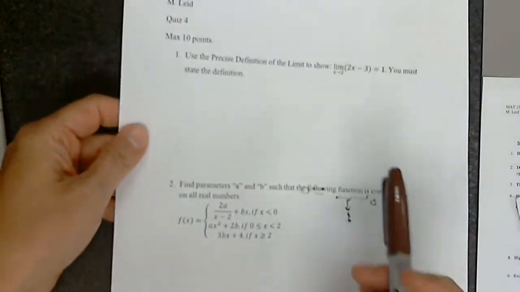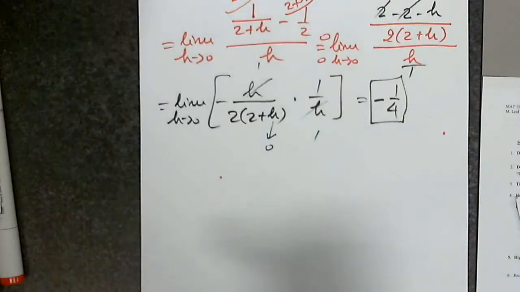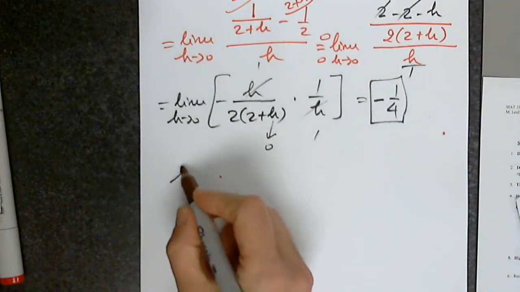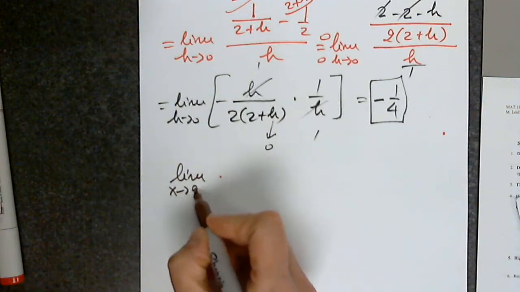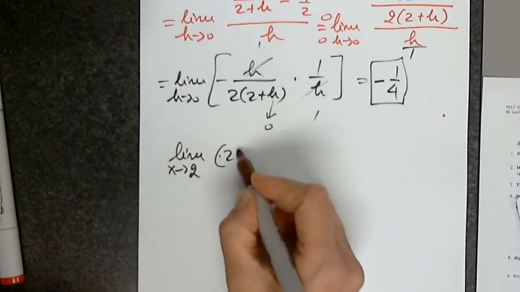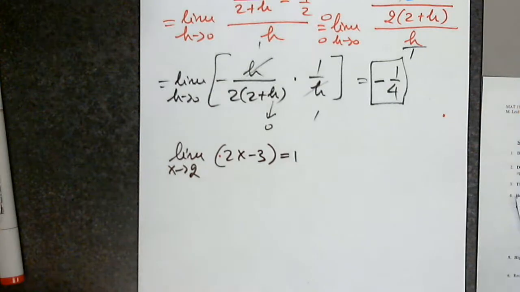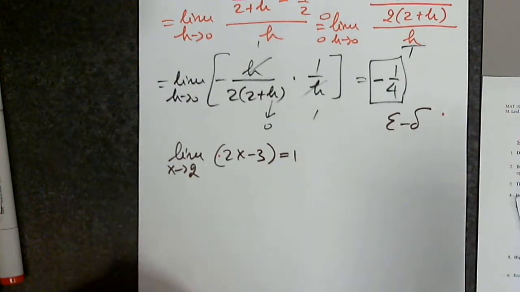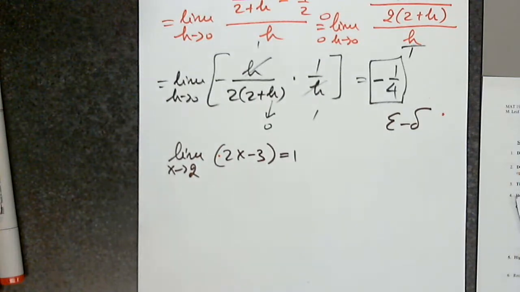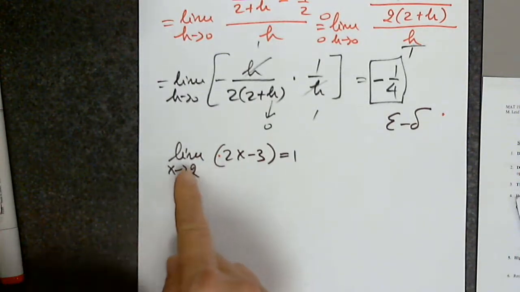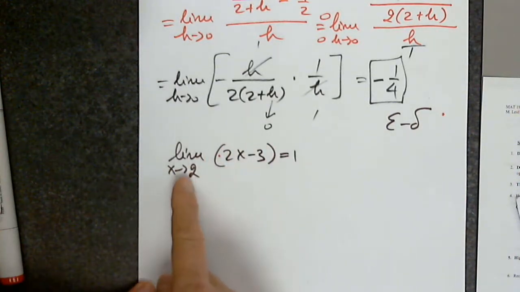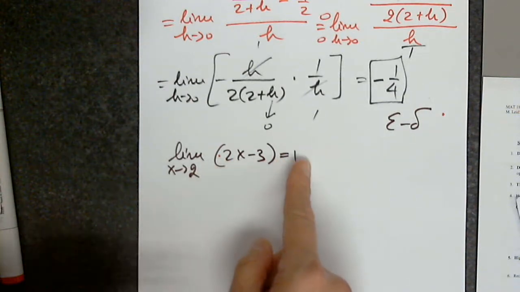Okay, the next one. We are asked to show that the limit as x approaches 2 of 2x minus 3 is 1 using the precise definition, or what it's called, the epsilon delta definition. Is this true? I can determine the limit of a polynomial by simply plugging in. It is true. It's 1.